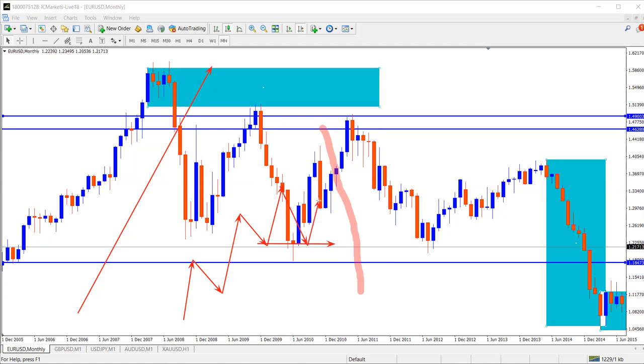But if the price is able to break that zone, that area, that bullish candlestick, we are expecting it to serve as what?